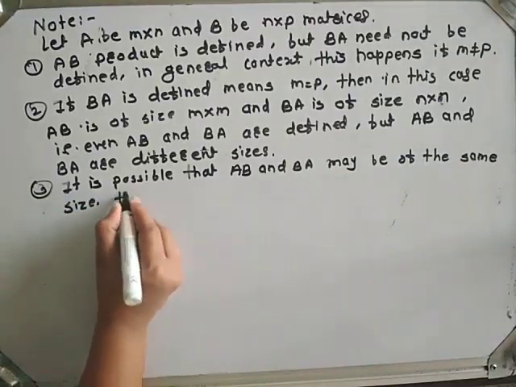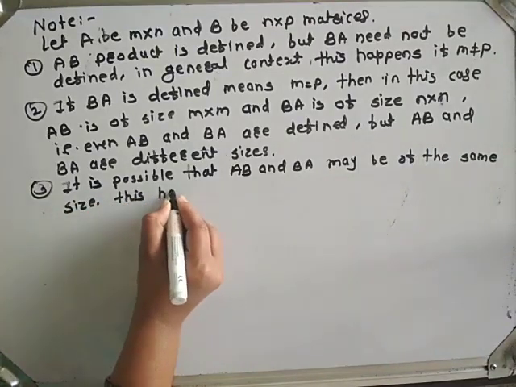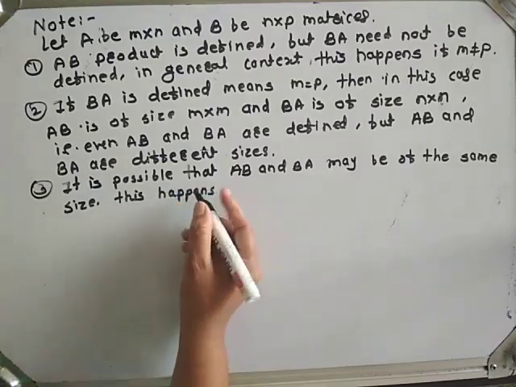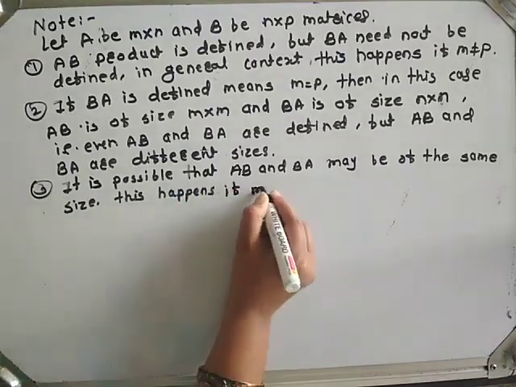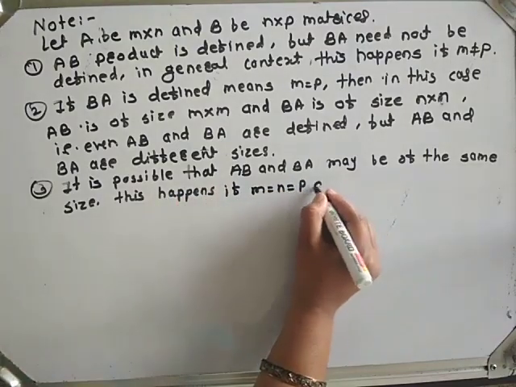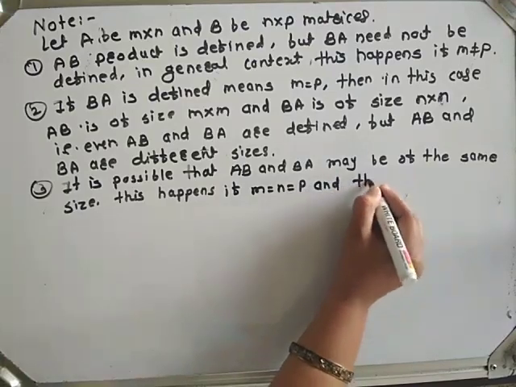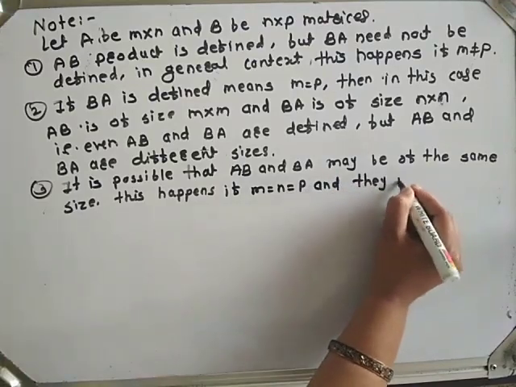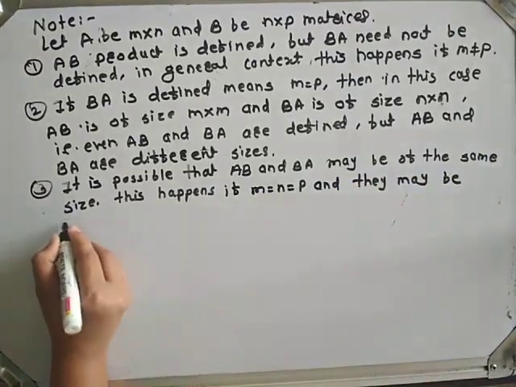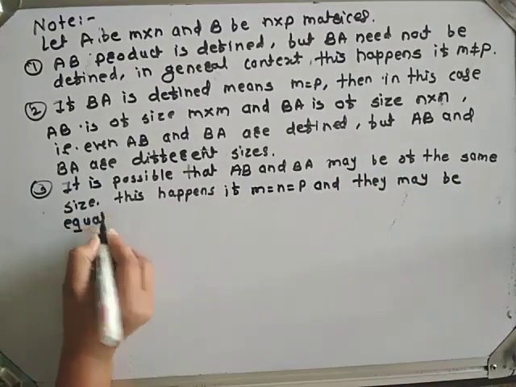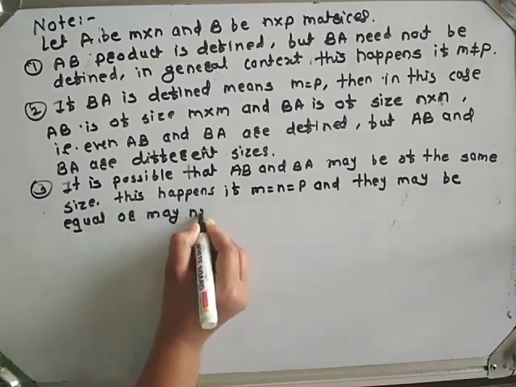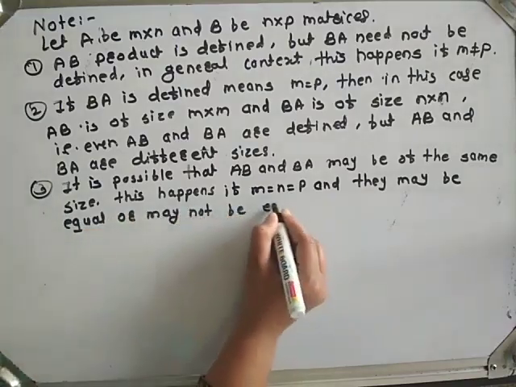This happens obviously if m is equal to n is equal to p, and they may be equal or may not be equal.